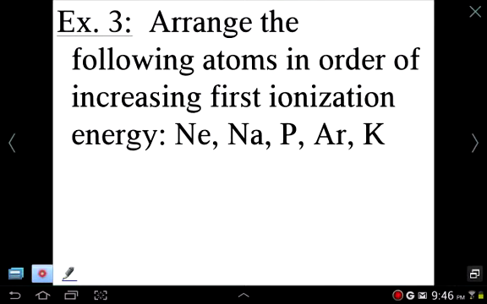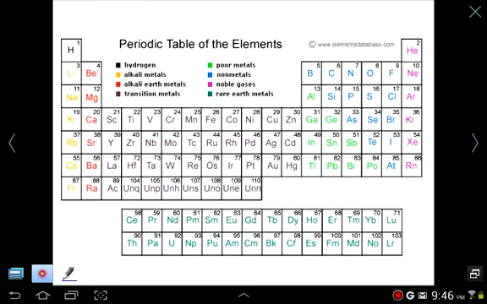So now we can arrange them as we've done with atomic size. We can arrange elements in order of increasing first ionization energy. So what we'll do is list them from the easiest to the hardest to remove. So essentially this is going to be from biggest to smallest. So if you take a look on our periodic table, let's see which elements this refers to.